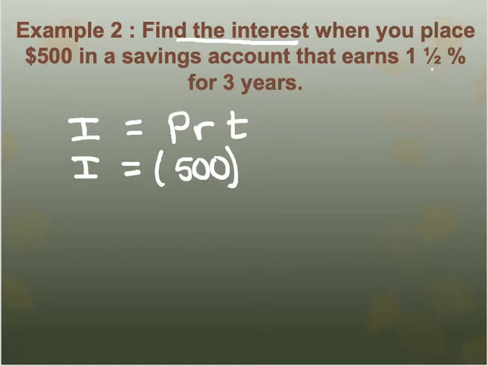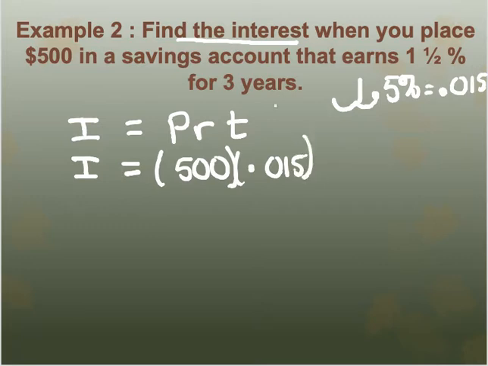My rate is 1.5%. So now to convert that to a decimal, I would move this decimal point over 2 places, which ends up being 0.015 as my rate. And then my time in years is 3.